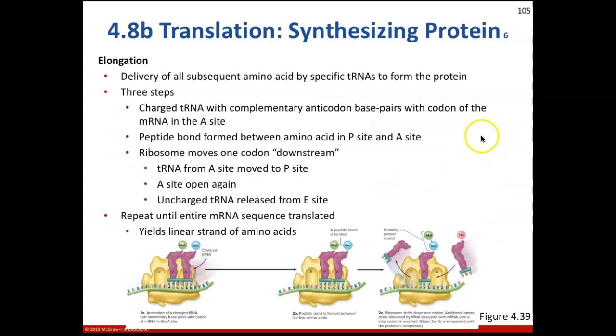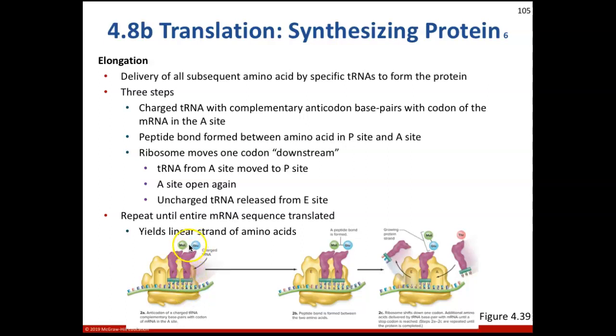Now for elongation, we're going to get delivery of each of these amino acids by specific tRNAs in order to form our protein. So we've got 3 steps. Our charged tRNA with the complementary anticodon base pairs with the codon of our mRNA and comes to the A site.